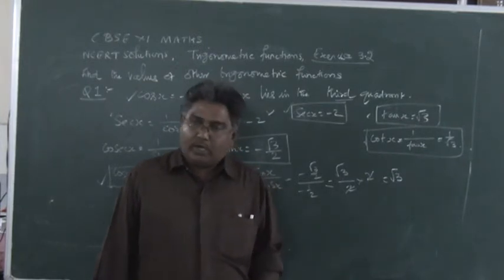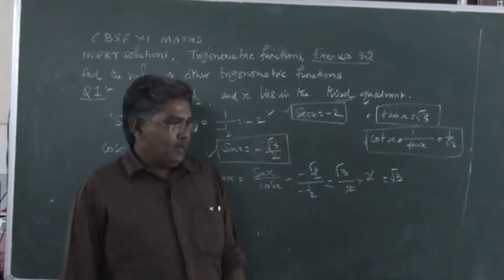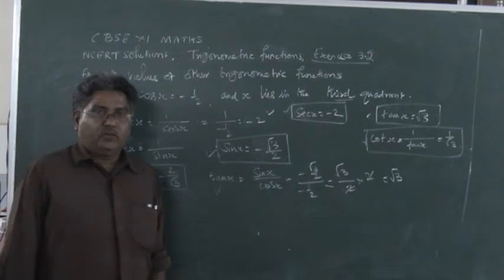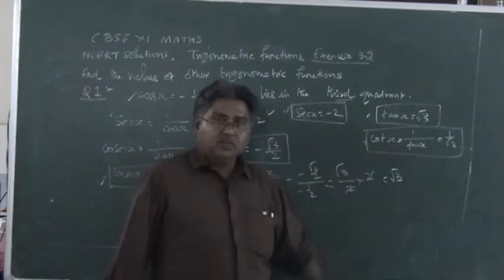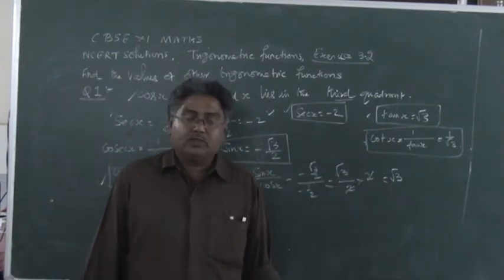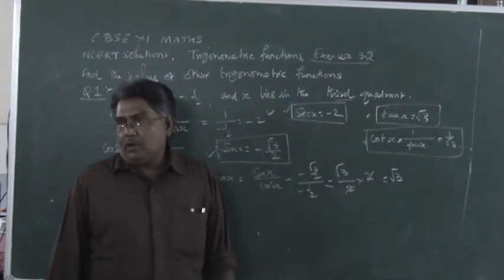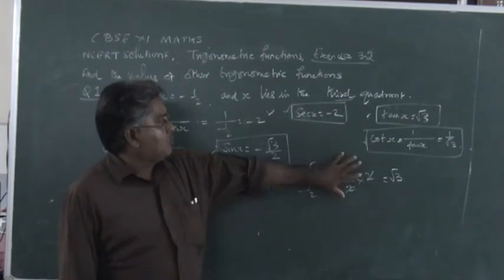Wherever you are using the square relationship, you apply the concept, the quadrant and the sign. First quadrant all functions are positive, second quadrant sine function is positive. You apply that concept. That's how you will do this.